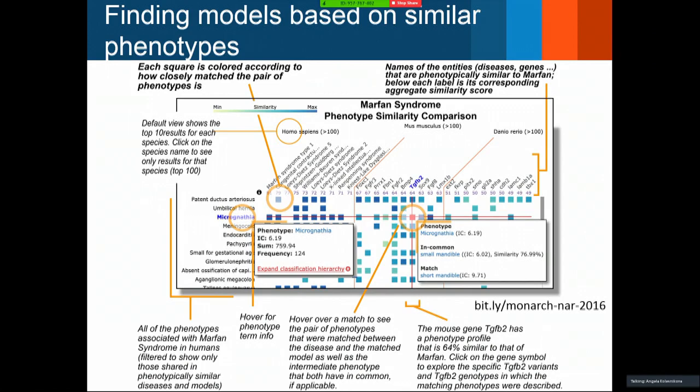And so these are some tools that we've developed to actually display the phenotypic similarity between known diseases and known models, to try to find the nuances of which aspects of the phenotype are actually being recapitulated.